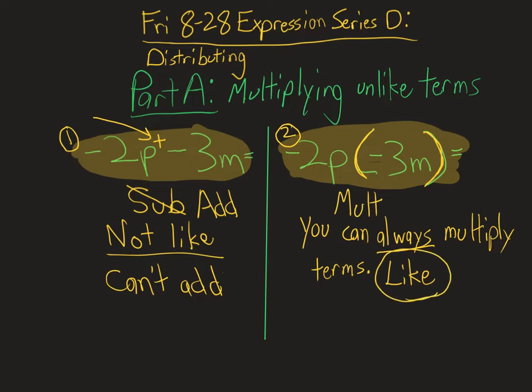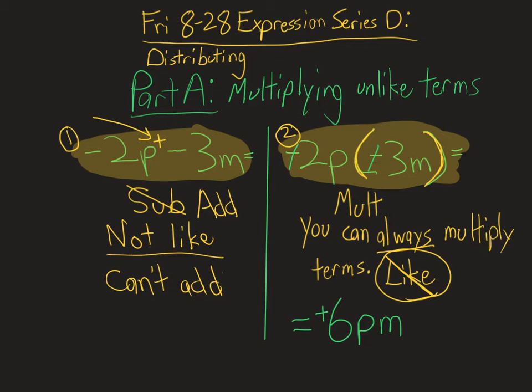So this actually doesn't even matter. We don't think in terms of like or unlike terms, we just multiply. So if we did that on this first problem, negative 2p times negative 3m, first of all, I've got a pair of negatives. I would cancel those out, so it's going to become a positive answer. 2 times 3 equals 6. And then I've got variables p and m.